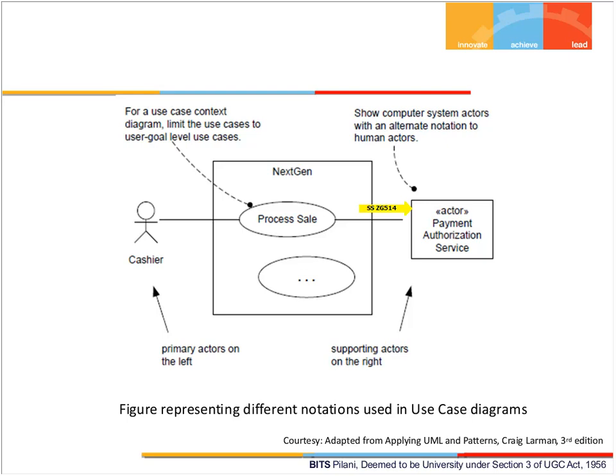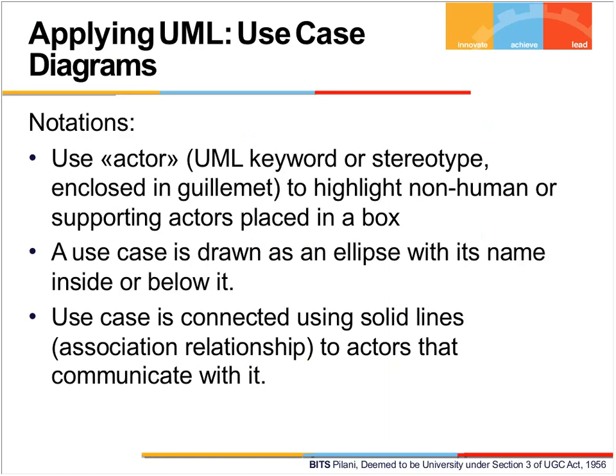So in case there are actors which are non-human entities, you can represent them using a box with this kind of a symbol written on top of them, the actor symbol, right? So I'll just take you one slide back, and it says use actor symbol, which is a UML keyword or a stereotype enclosed in two special symbols called guillemets, right?